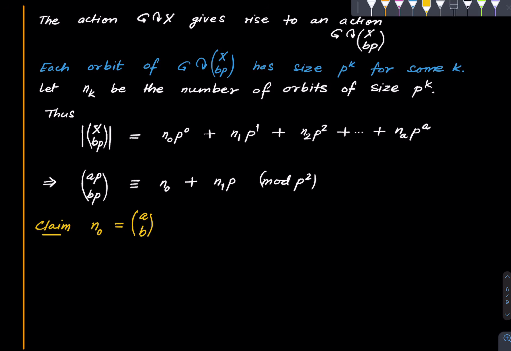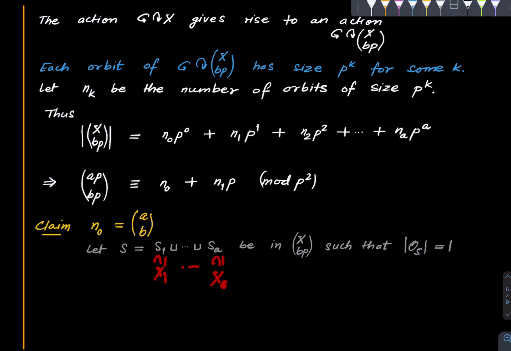So let's prove this claim. Why is this true? So basically, n0 is the number of orbits of size 1. So we want to count those things whose orbits have size 1. So let S equals S1 disjoint union dot dot dot Sa be in the set we are acting on, such that orbit of S has size 1, meaning orbit of S is just the singleton S. And when I write things this way, I just mean S1 is a subset of X1, and so on.